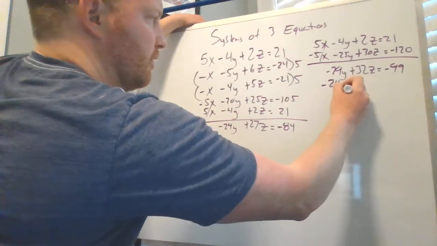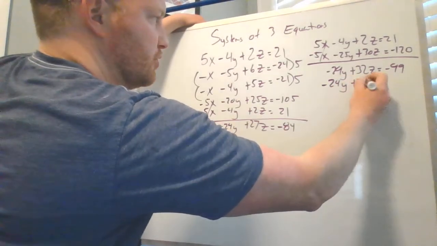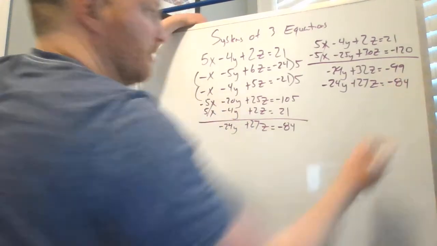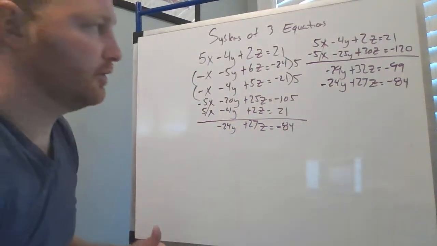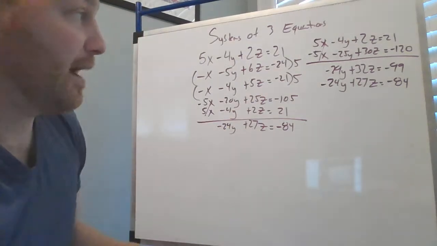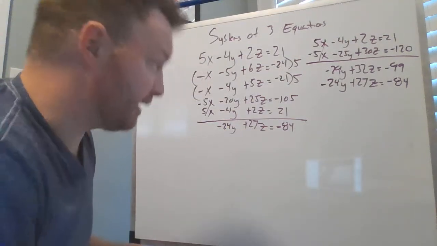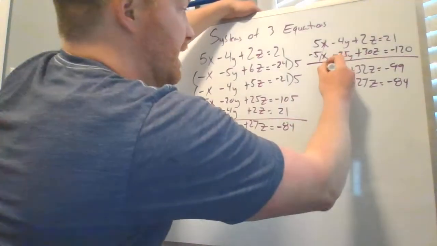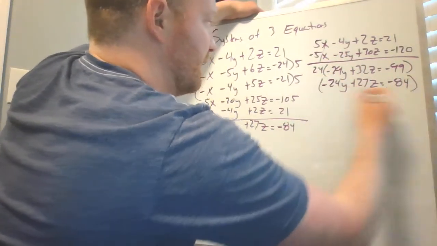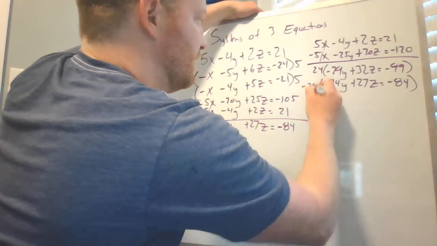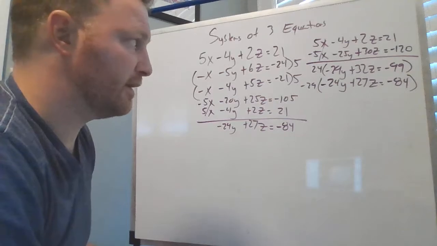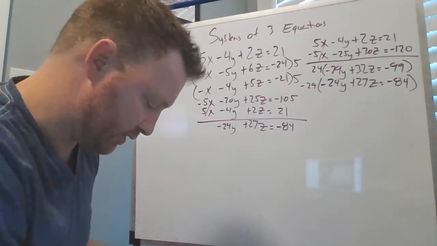Negative 24y plus 27z equals negative 84. All right. Well, now we got giant numbers, and this ain't gonna be fun. So I'm gonna make my life easy. I'm just gonna multiply the top by positive 24 and the bottom by negative 29, so that whatever product I get here, they will, no matter what, cancel off. That's why I chose 24 and negative 29.